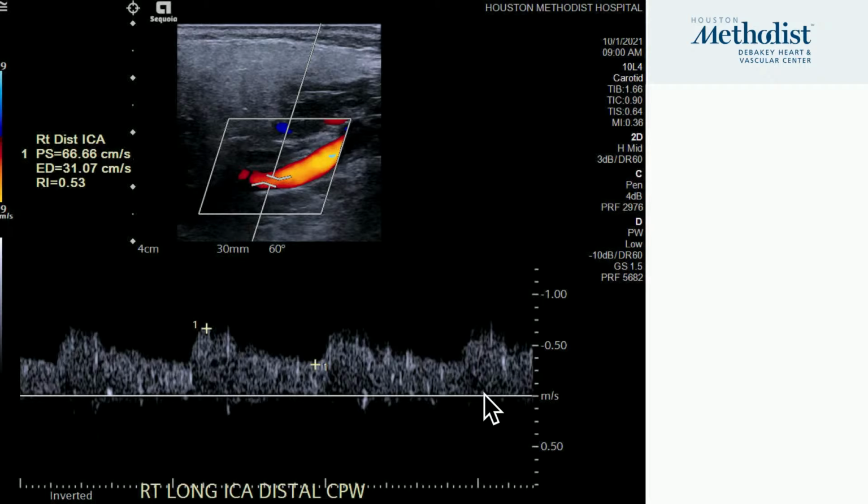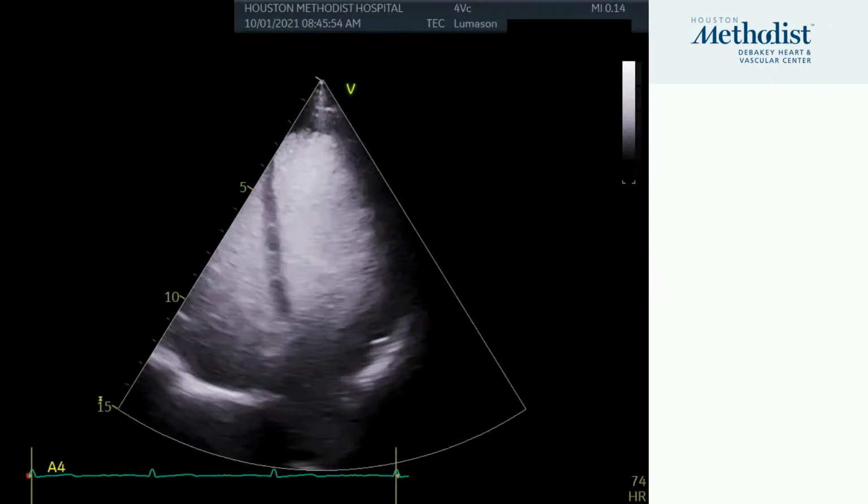And my first question immediately was, did this patient have an echo done? And yes. So this is 15 minutes prior to my carotid.